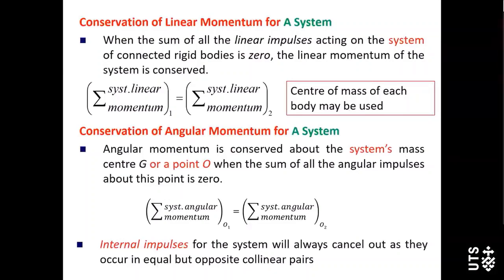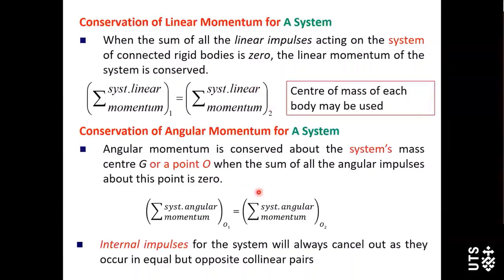In a system consisting of more than one rigid body, if we consider these rigid bodies altogether, when we apply conservation of linear momentum, the mass center point of each rigid body may be used.